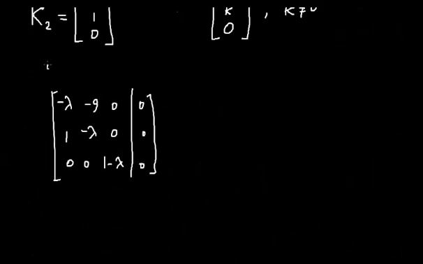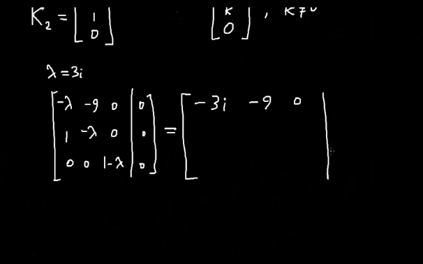So if we take lambda equals 3i, then this matrix will become minus 3i, minus 9, 0, 0, 1, minus 3i, 0, 0, 0, 0, and then here we have, sorry, no, it's minus 1 minus 3i, right?